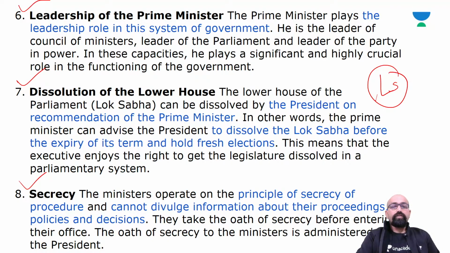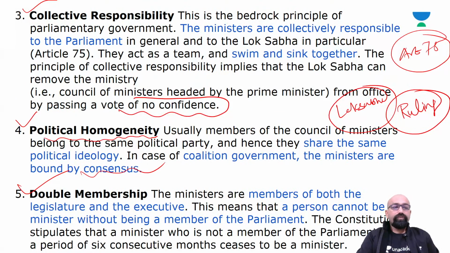So next is collective responsibility. Yes. So the ministers are collectively responsible to the government.